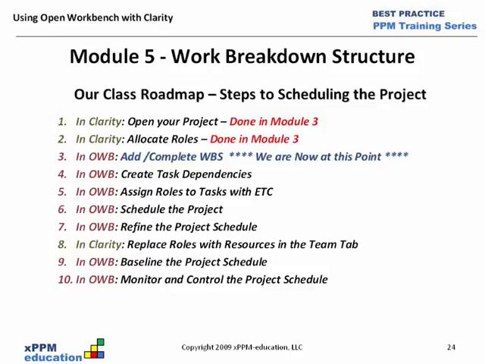Following this module, then we get into creating task dependencies in Workbench, assigning roles to tasks with ETCs in Workbench. Then item 6, we schedule the project in Workbench. Item 7, we take that schedule, we review it and refine it in Workbench.